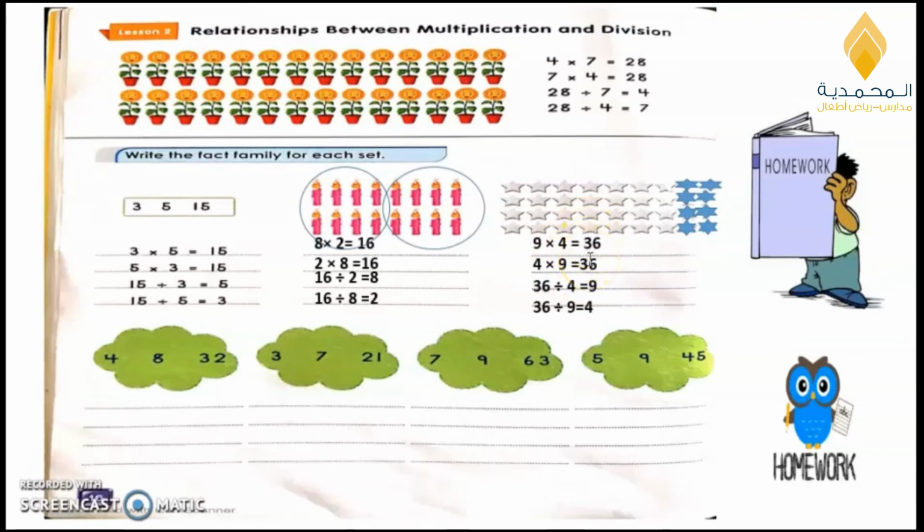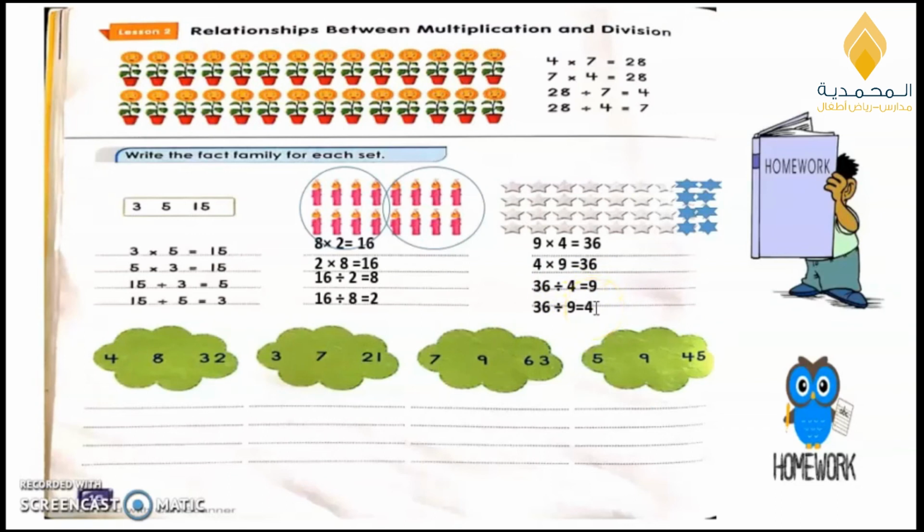And now we're going to write the division sentence, okay? As we mentioned before, 36 divided by 4 equals, excellent, 9. 36 divided by 9 equals 4. Good job.